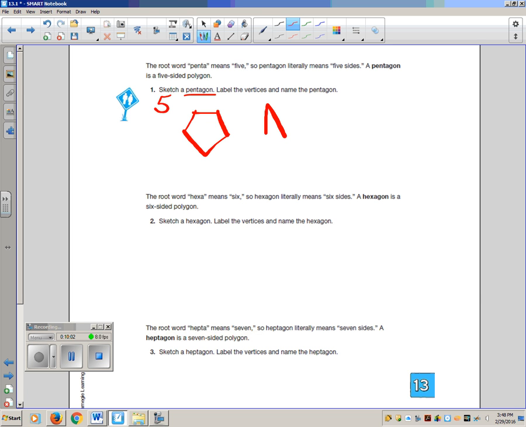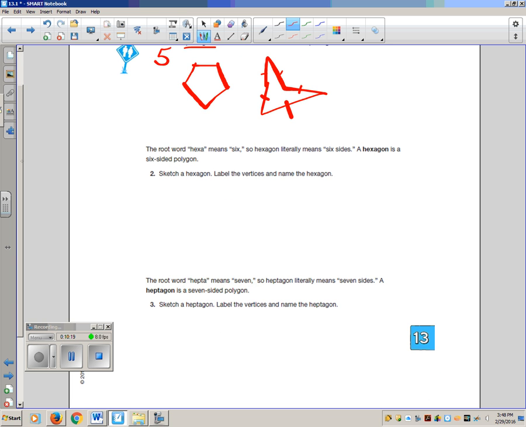If that's crooked, that's still a pentagon. There's the side, there's the side, there's the side, there's the side. Okay? Hexagon, 6 sides. Don't get hung up on making them regular. A regular polygon just means all the sides are the same. We don't have to do that. Just make a 6-sided shape.